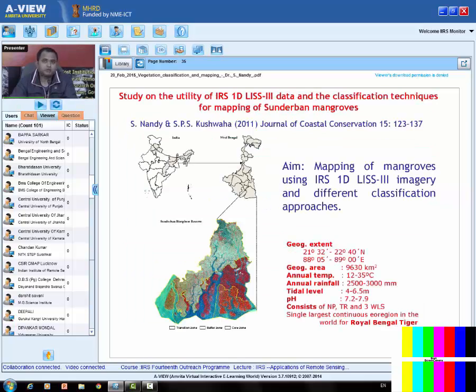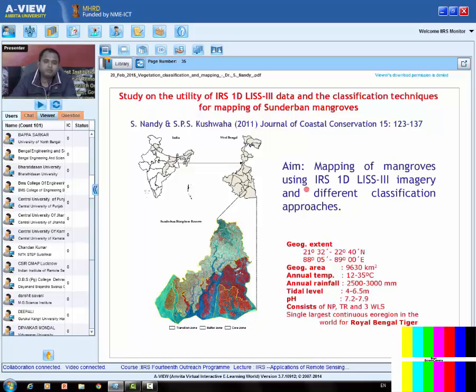Now I'll show you an example of how you start classifying an image. This is a study I did for the Sundarban mangroves. An IRS 1D LISS-3 image was used, and different classification techniques were used for mapping the Sundarban mangroves.